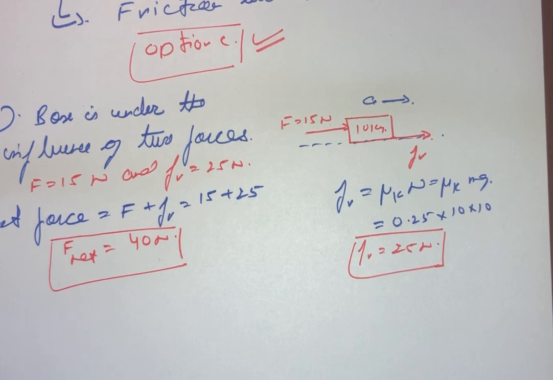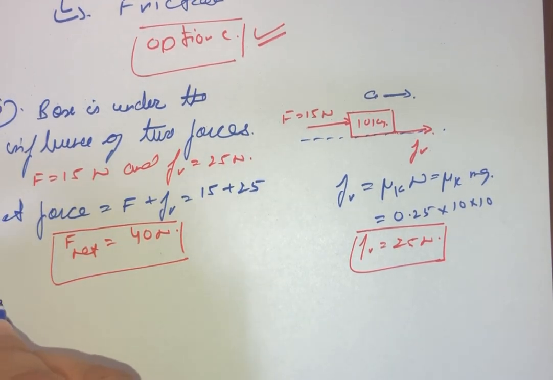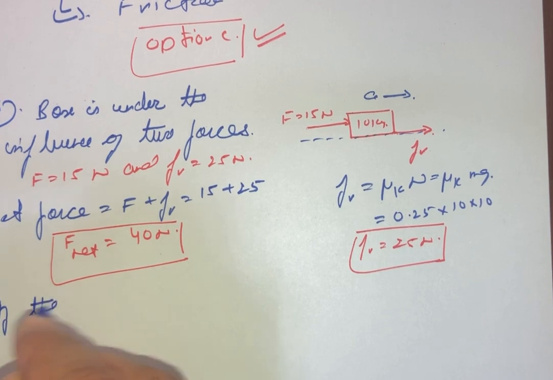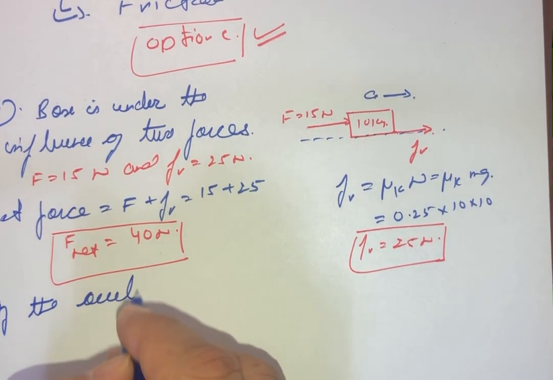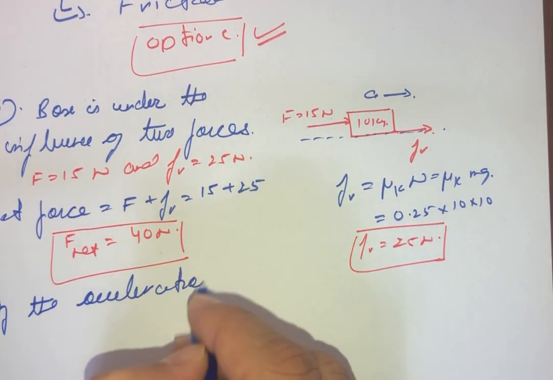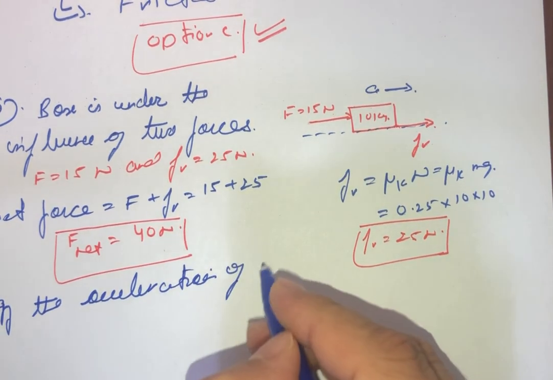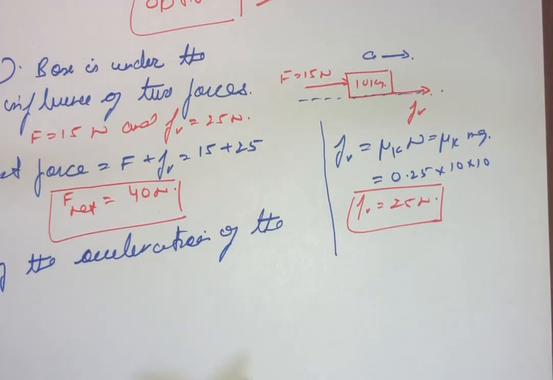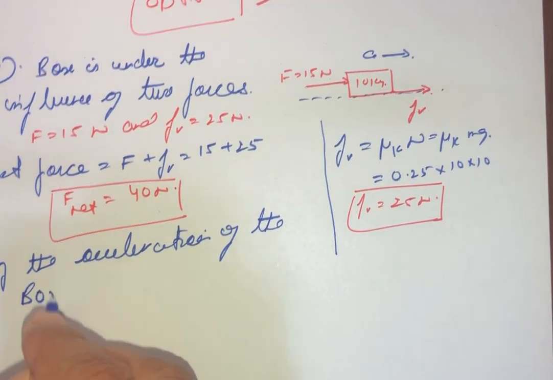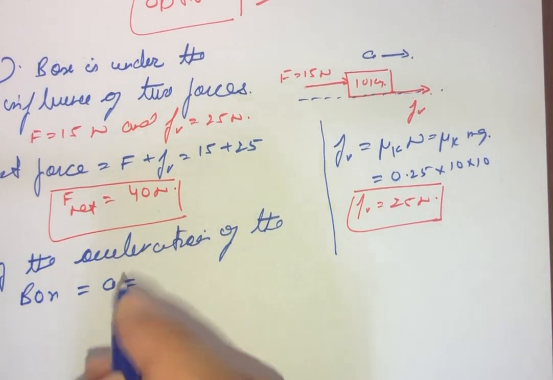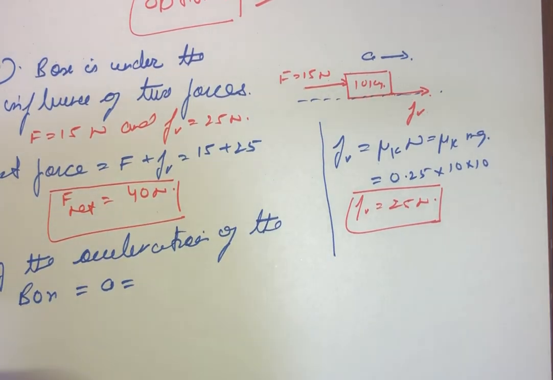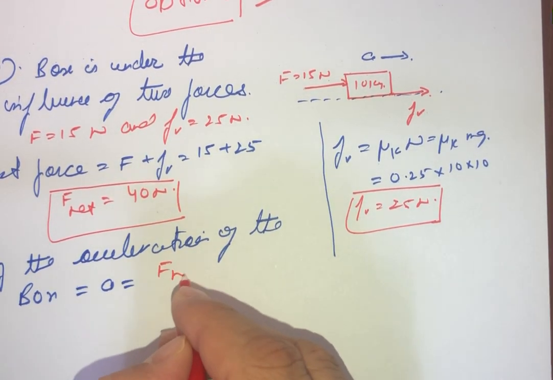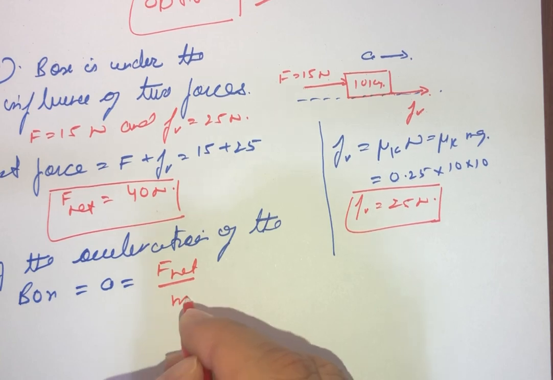If A is the acceleration of the block, then A will be equal to F net divided by mass.